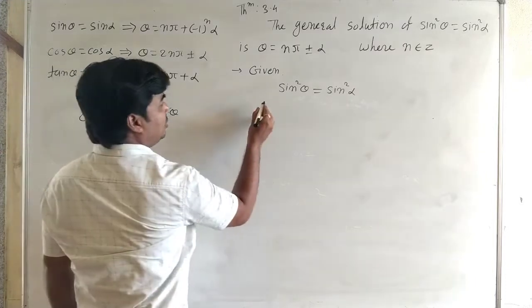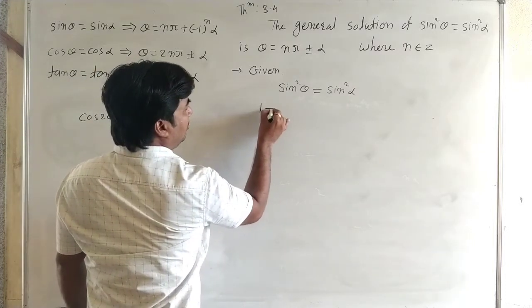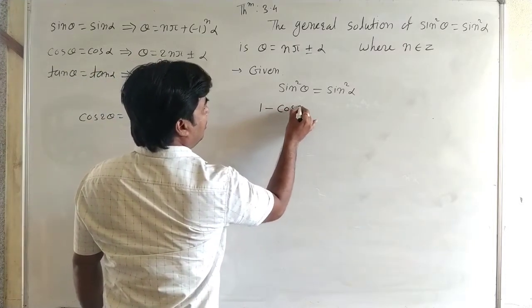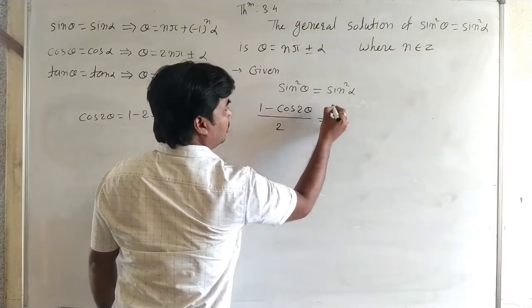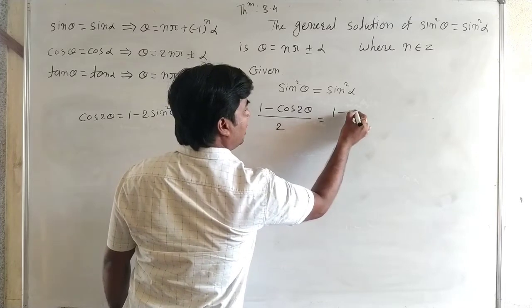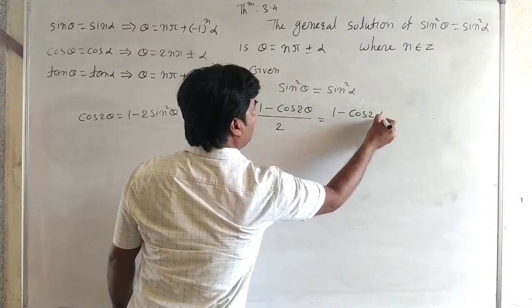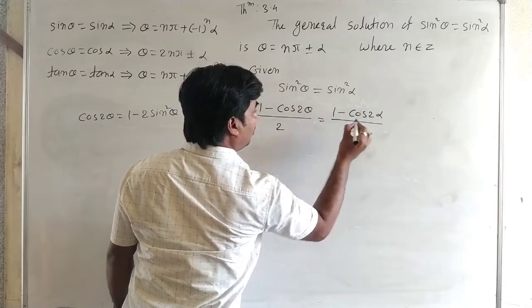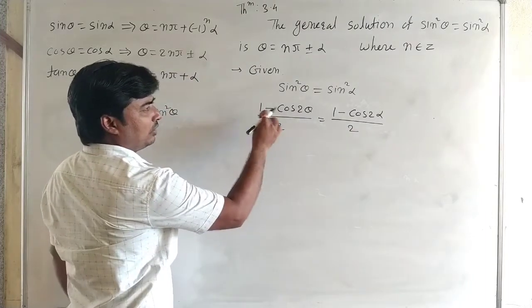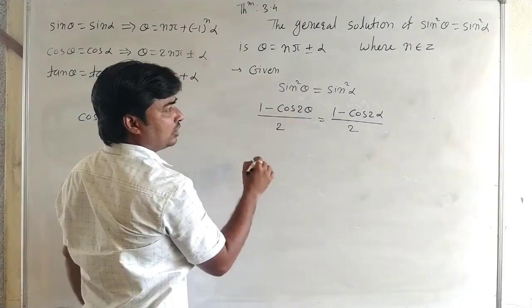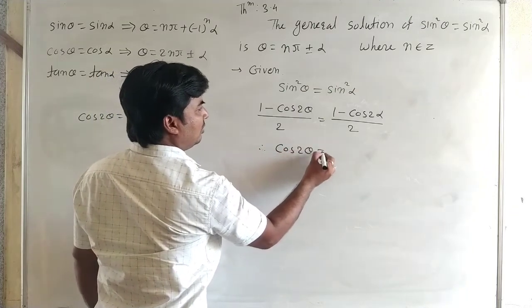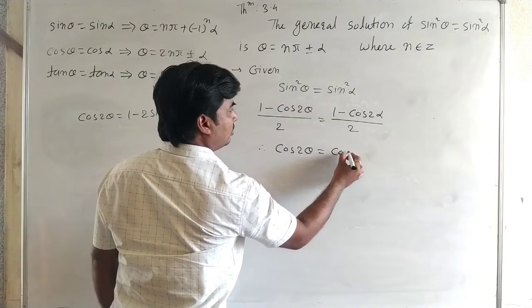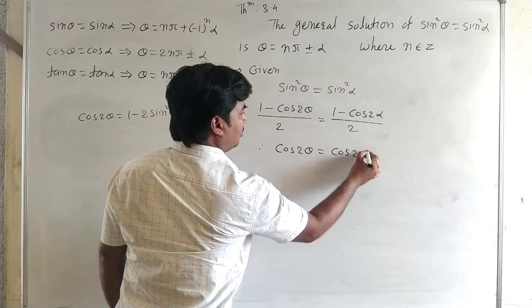Then sin square theta is equal to 1 minus cos 2 theta upon 2, is equal to sin square alpha, which is 1 minus cos 2 alpha upon 2. Now 2 gets cancelled, 1 gets cancelled, minus cos 2 theta is equal to minus cos 2 alpha, so cos 2 theta is equal to cos 2 alpha.